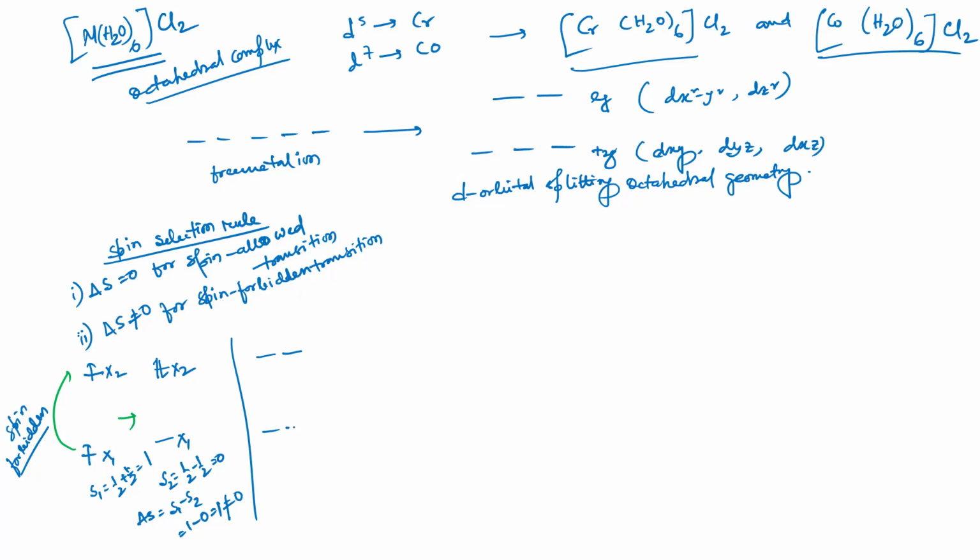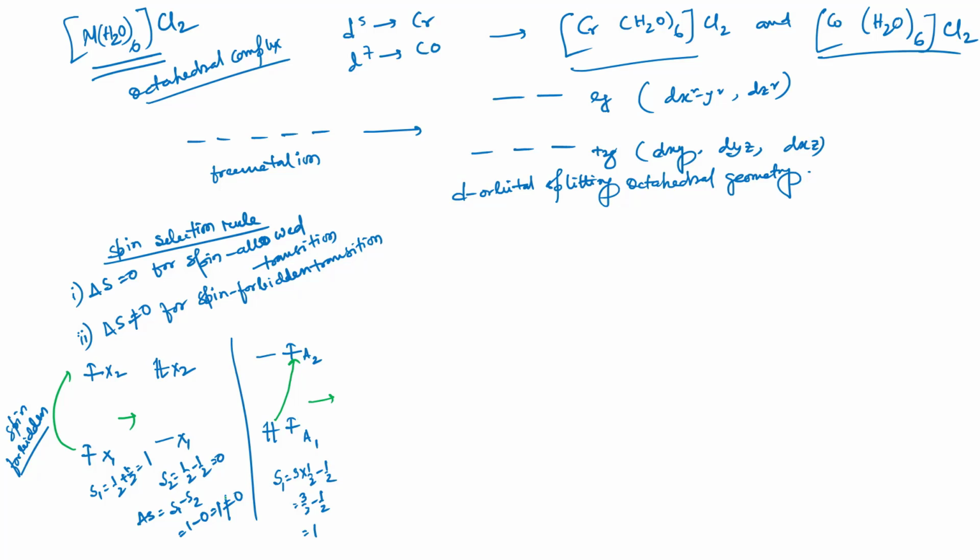Another example, for a spin allowed transition. Think this is the configuration for two different sets of orbitals A1 and A2. A1 has 3 electrons and A2 has 2 electrons as a pair. The total spin of this configuration will be 3 into half minus half, that is 3 by 2 minus half, which is 1. Now let's think that the electron from the pair in A2 will break and move to another orbital in A2 to make another pair.